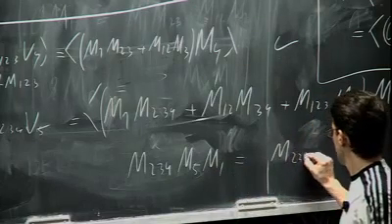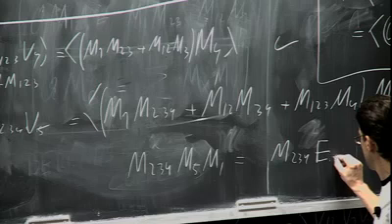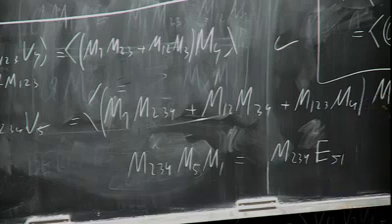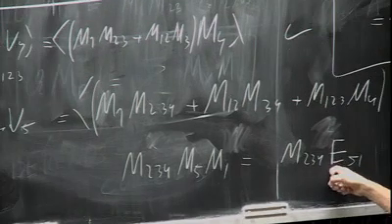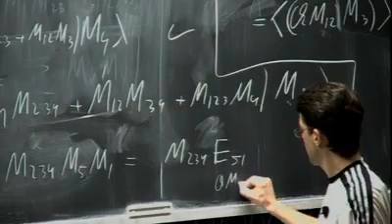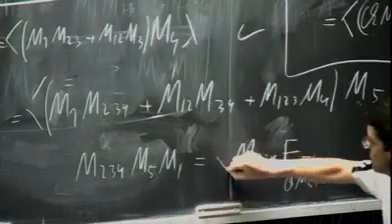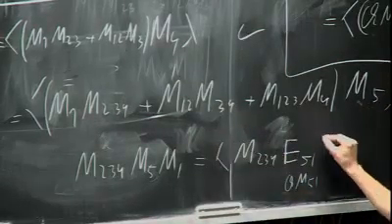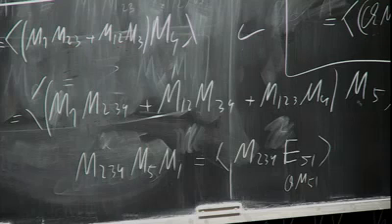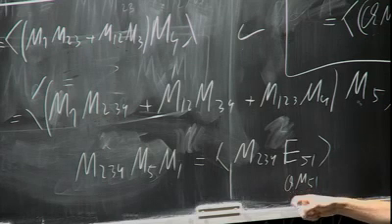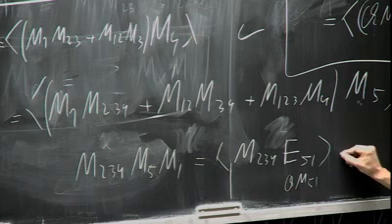So M2,3,4 E51, because I'm allowed to divide by the Mandelstam. And this guy is Q of M51. But remember that these guys are inside the pure spinor bracket. So you can do integration by parts, BRST integration by parts.